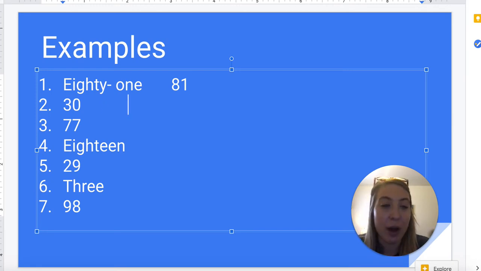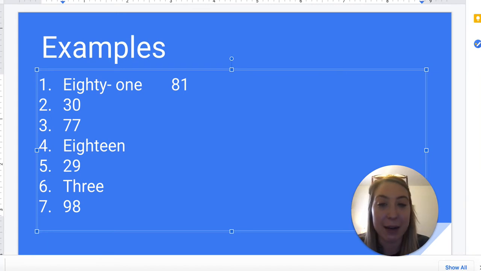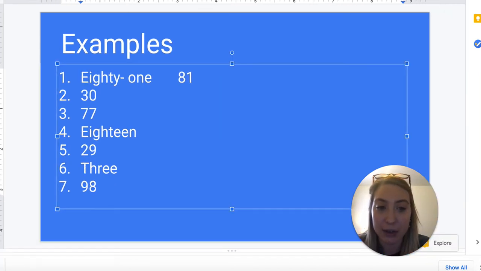And then I know I have my number 30. So this is why I encourage you to go back and write, so then you know exactly which one is your tens and which one is your ones. So 30 has a 0, so I don't need to add a hyphen because there's nothing in my ones place other than a 0. And I'm not going to say 30 hyphen 0, I'm just going to say 30.